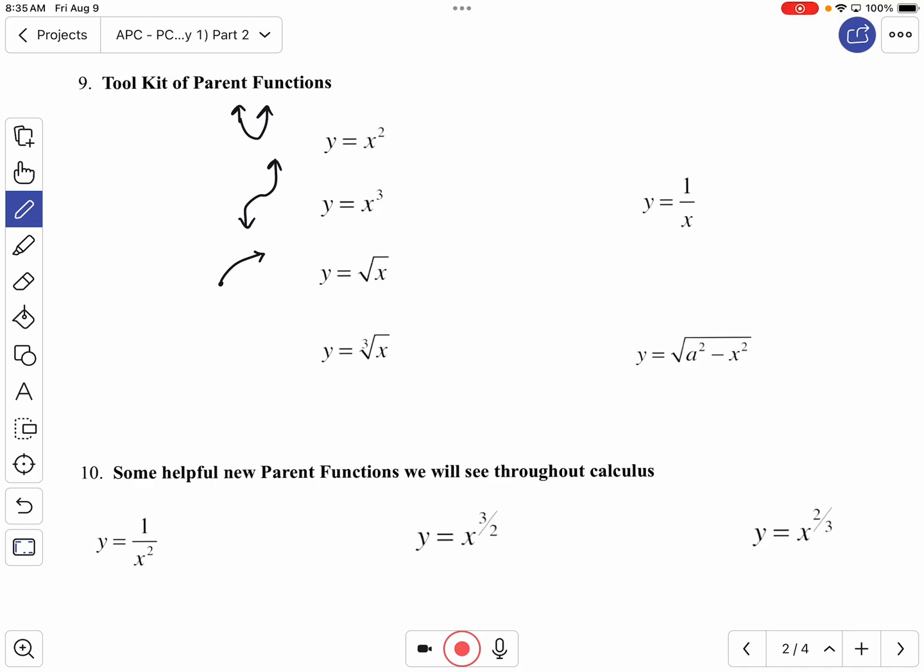Yep. All right. So it's your sneaky snake turned on its side. 1 over x we talked about yesterday. It's that reciprocal function. What do you think that bottom one was? That's a semicircle. Okay.